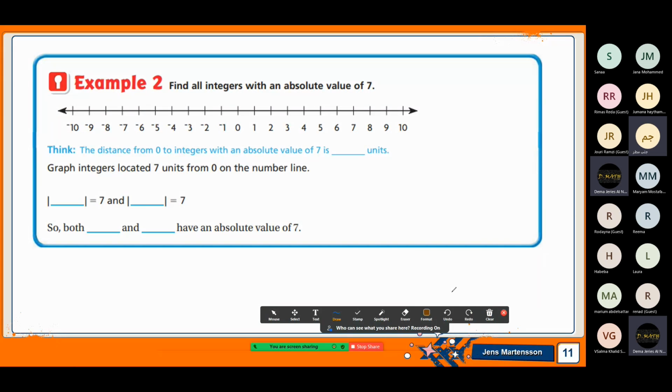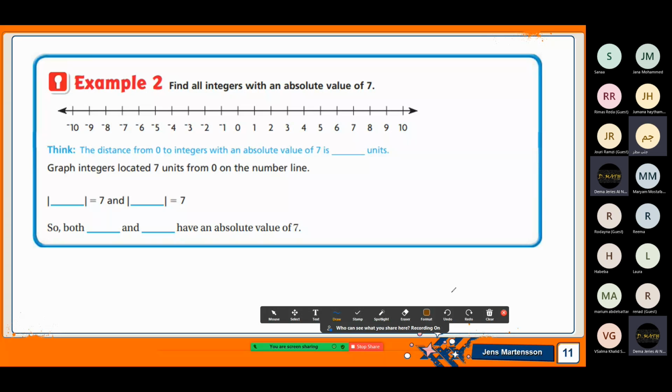Miss, can you hear me? Yeah, I can hear you now. I wanted to ask, which is bigger, the absolute value of 7 or +7? You said absolute value and positive.